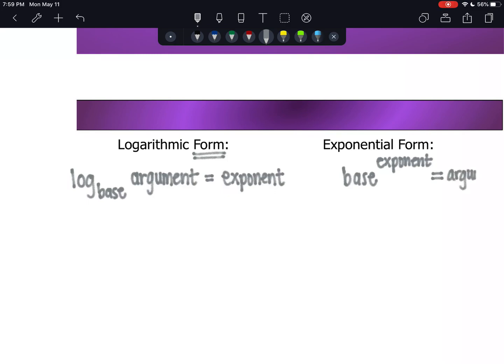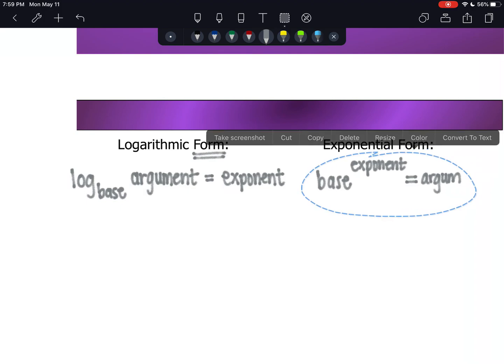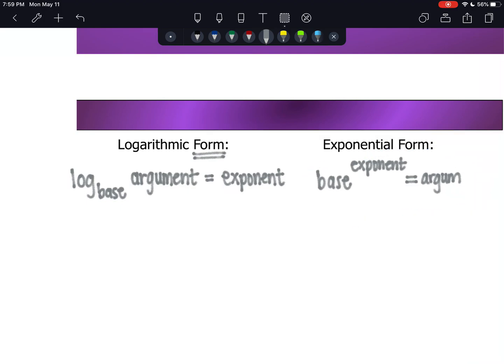It's the number that we get when we take a base and multiply it by itself a certain number of times. So I'm going to use a highlighter here. A base raised to an exponent equals the argument. The base raised to an exponent equals the argument.